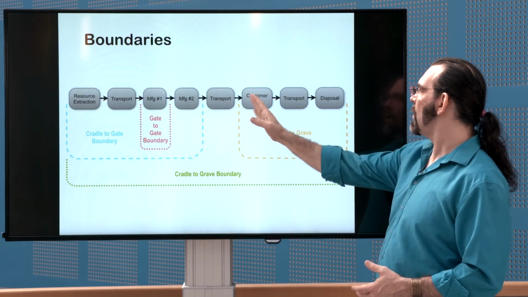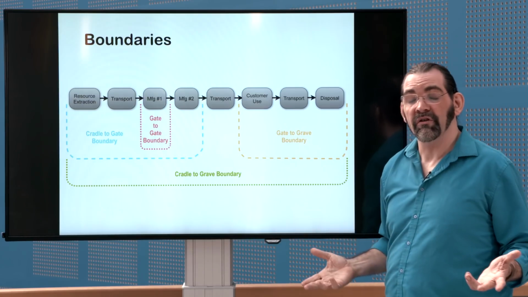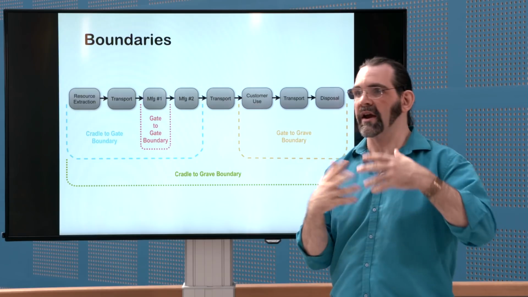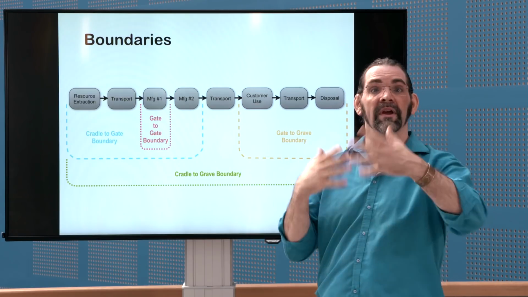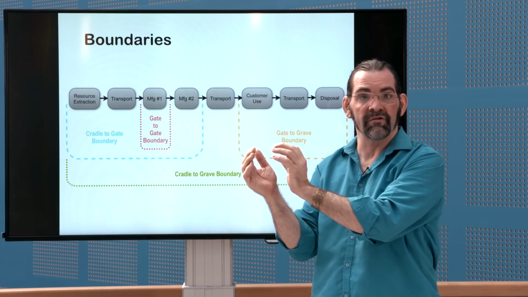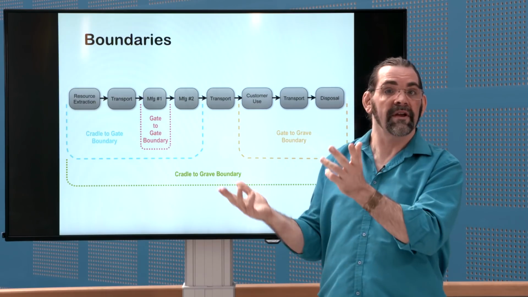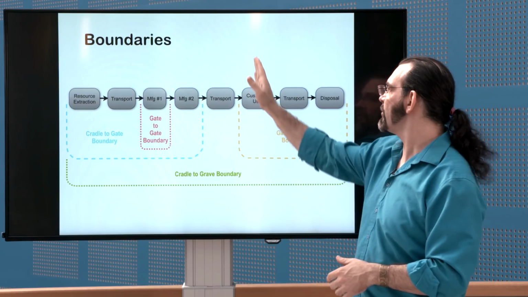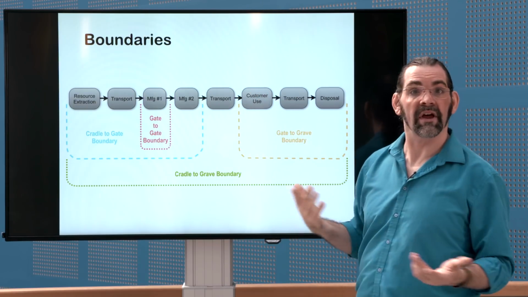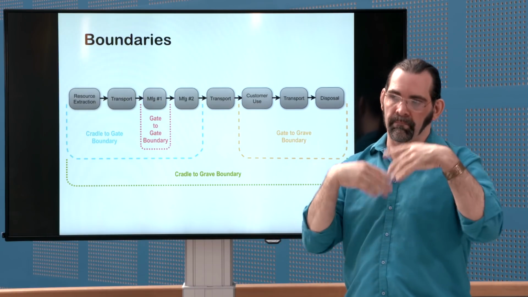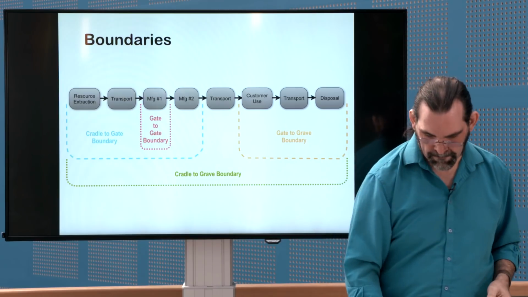And you could also do a gate to grave boundary. Like maybe you're trying to change user behavior through some design intervention that's persuasive design. And so the product itself doesn't change except for the user interface maybe. And you want to see how much of a difference that can make. You might just do the analysis from here to end of life. And so whatever works for your scope, your plan.